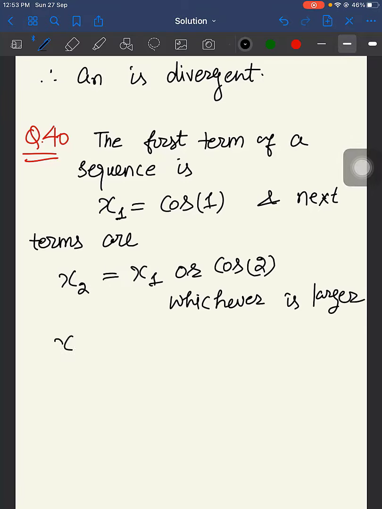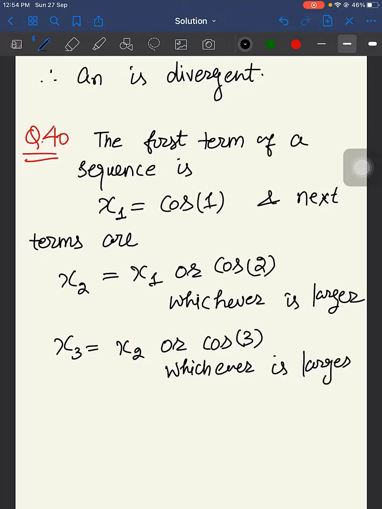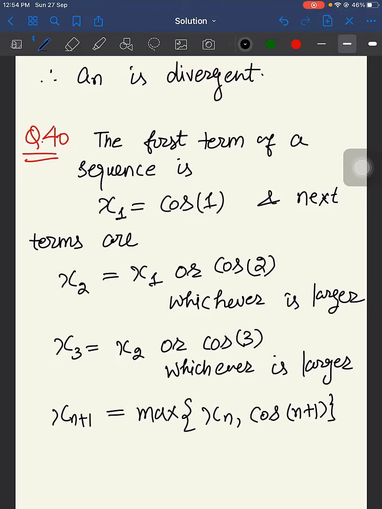Similarly, we'll take x3 as x2 or cos 3, whichever is larger. So that means we'll keep on constructing the sequence with the fact that xn plus 1 is equal to the maximum of xn and cos n plus 1. So we'll take the previous term and we'll take the cos of n plus 1, that means cos of the next term. So we'll choose the maximum out of these two and that becomes our next term of the sequence.